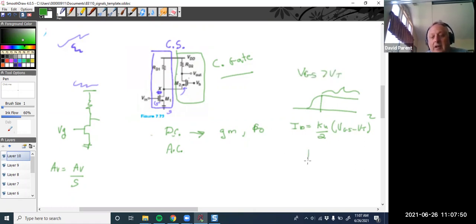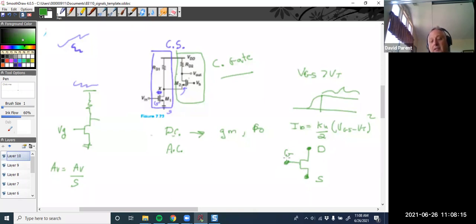All right. And yeah, I'm forgetting a little bit. All right, this is a MOSFET, and it's got more than one current-voltage relationship depending on what the relationship is between the drain, gate, and source.